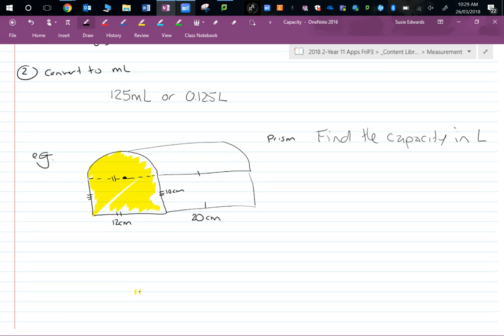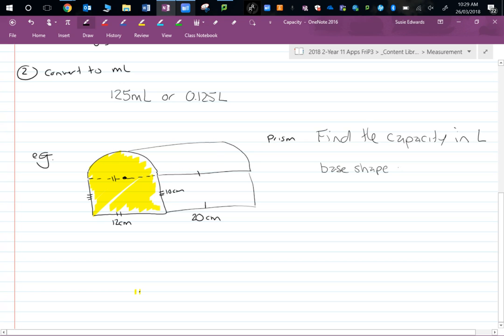All right, so what do we have to do first? Find the base shape. What is the base shape? What's the base shape, Alex? Rectangle and a square.